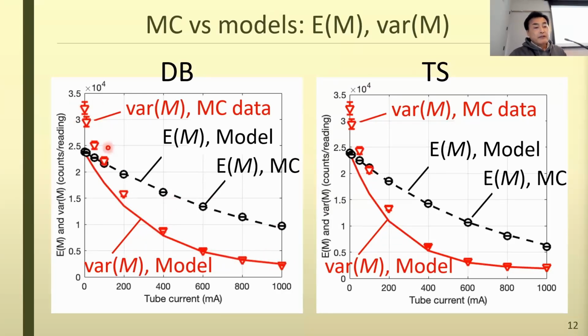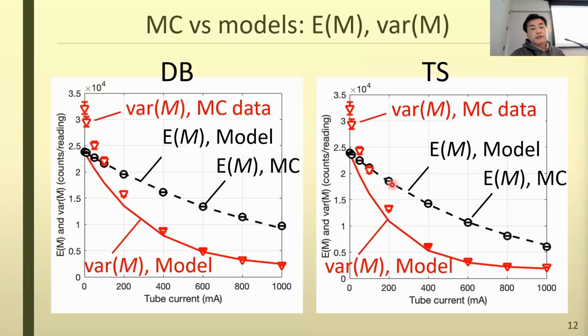The reason for this disagreement is that at the lower count rate, charge sharing is a dominating factor for the noise performance, and the model does not have the charge sharing effect, while the Monte Carlo data definitely has that effect, resulting in this underestimation of the noise.